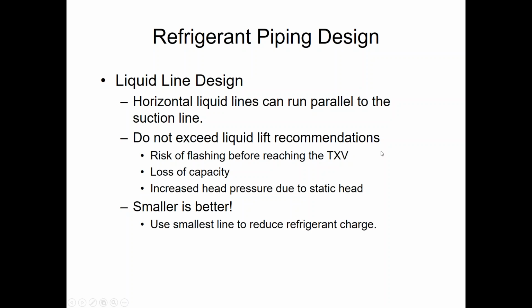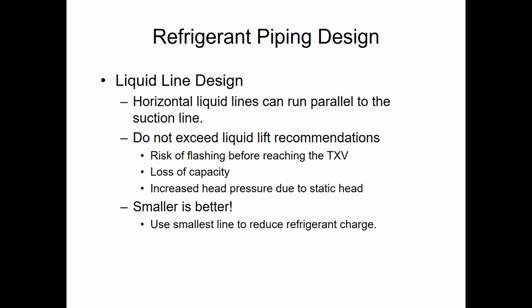So remember, a ton of refrigeration is pretty much equivalent to 1 horsepower, at least when we're dealing with 410A and 22 and 134a with the standard comfort type applications. So anytime we're lifting a weight up, it requires horsepower. So the more liquid you have, the more weight, the more horsepower it requires.